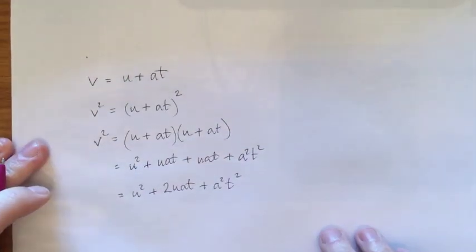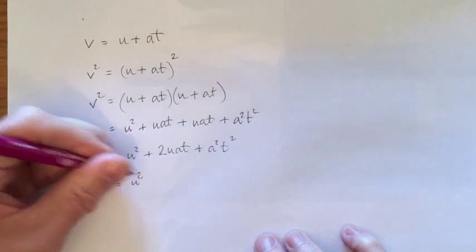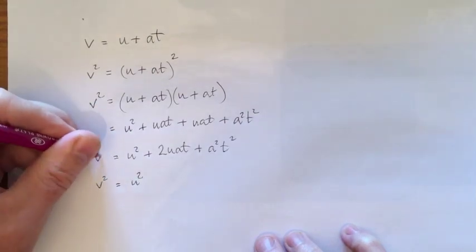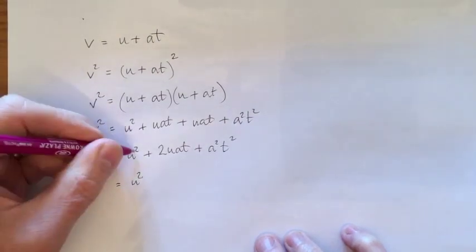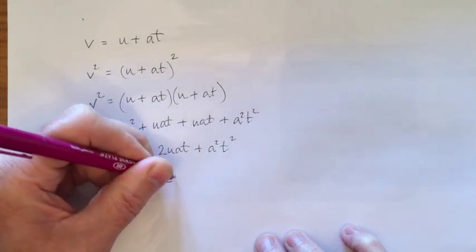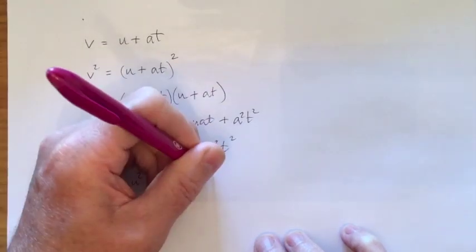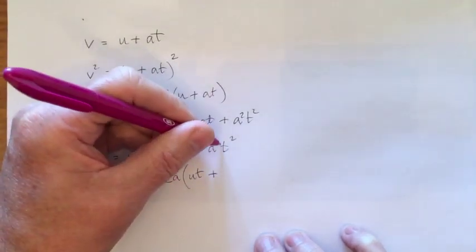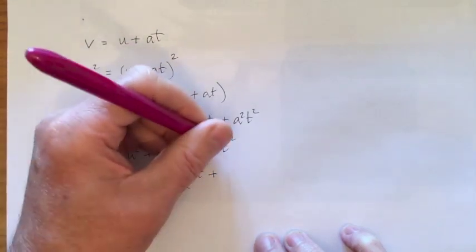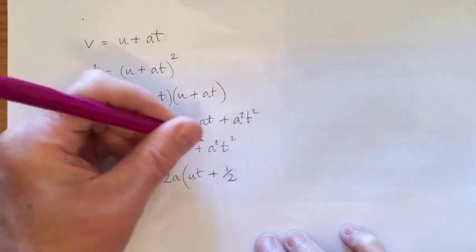Now the wee trick. If we take out a common factor, if we take out 2a from here, that leaves us with ut plus, now we need to take 2a out of this. So if we take 2a out, that leaves us with a half, because 2 times a half equals 1.